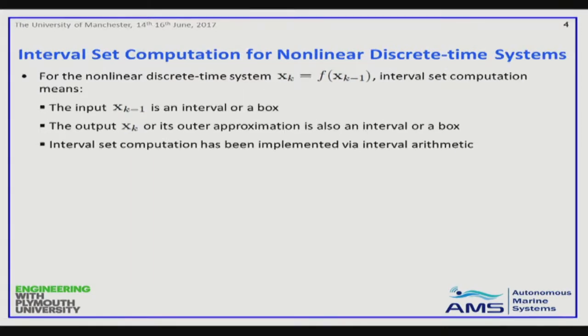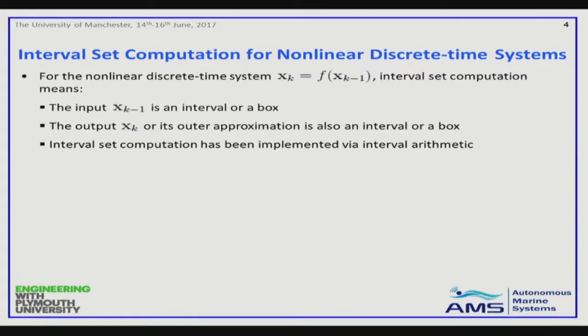So for interval set computation, I believe that all of us know this method. Your input is an interval or a box. Your output is an outer approximation. Usually the interval method gets an outer approximation, which is also an interval, a box. And interval set computation is implemented through interval arithmetic.